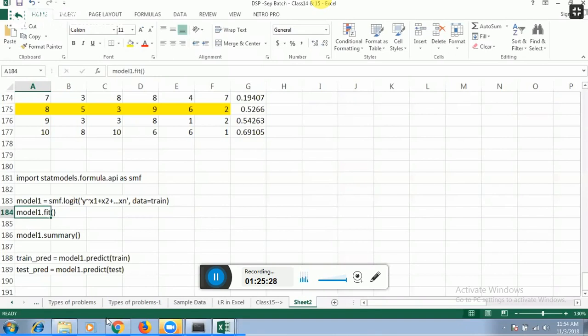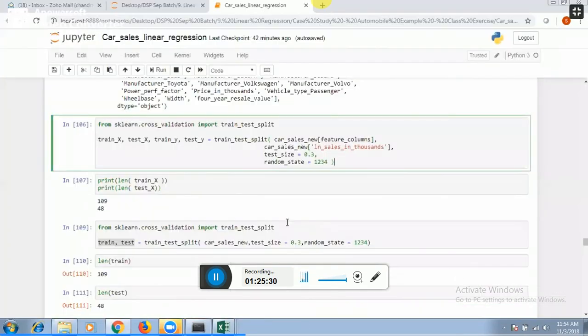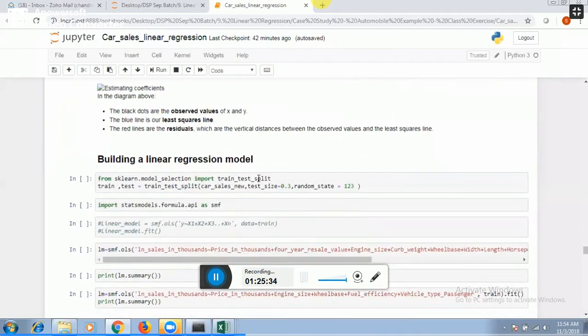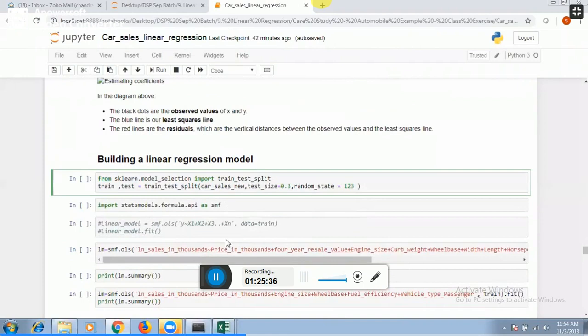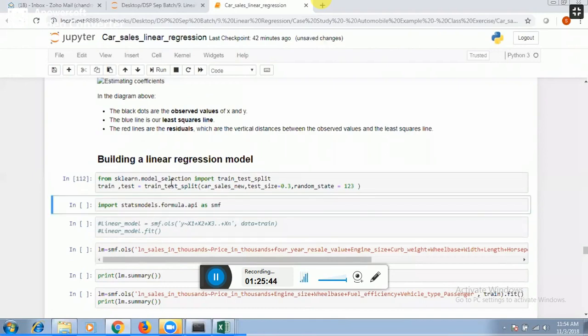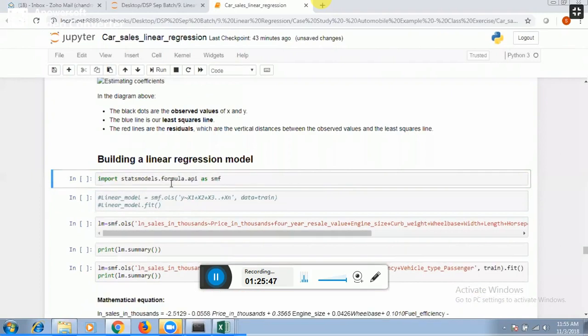Are you able to follow me? So that is exactly what I'm looking at over here. When I'm building the model, of course here I don't need to import because I already imported the data. So the statsmodels formula API I'm calling as SMF.